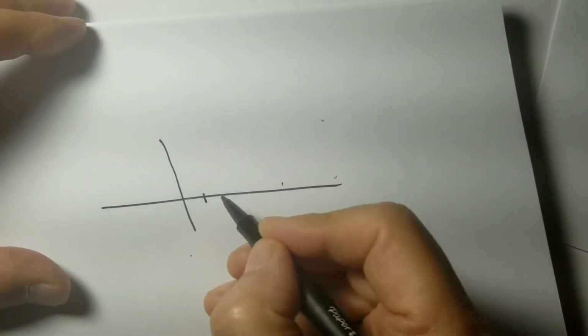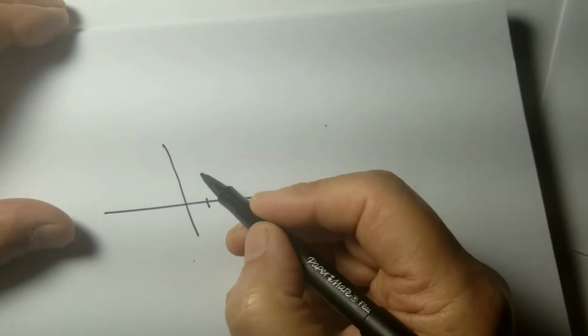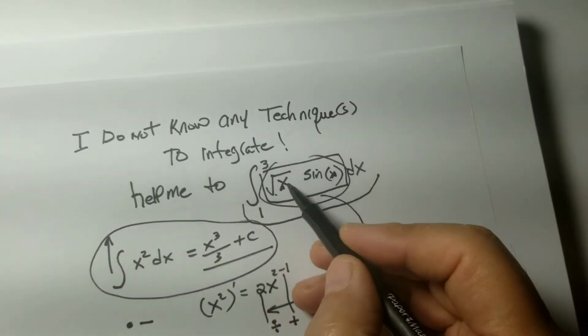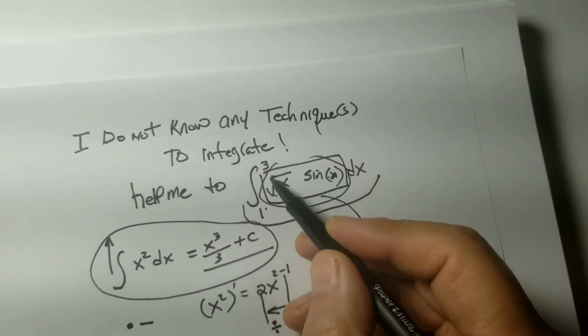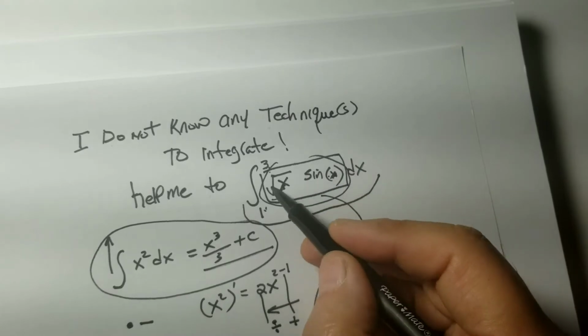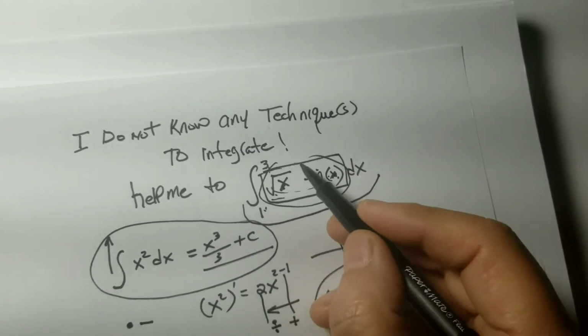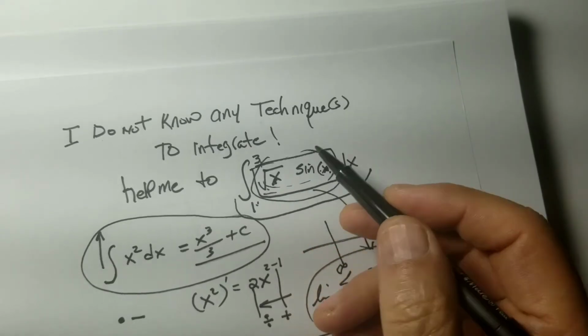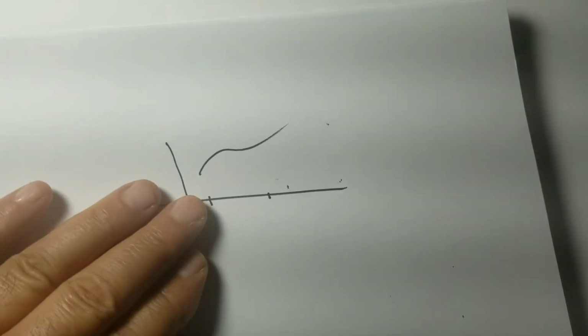And from 1 to 3, you're going to have some function. And because this is a definite integral, you must guarantee that for every point between 1 and 3, this function is defined. And this has to be a positive quantity, meaning the area under the curve has to be above the x-axis.